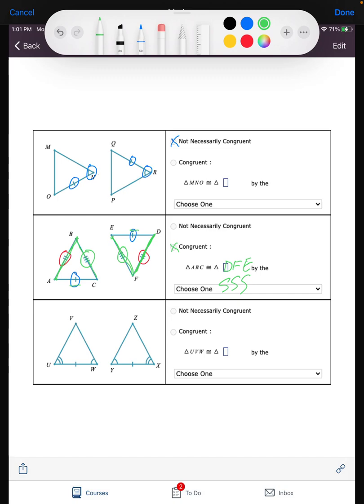Lastly, we have an angle, a side, and an angle. So angle, side, angle, angle, side, angle.